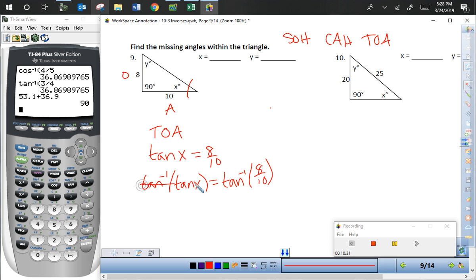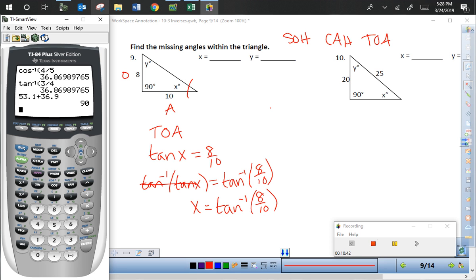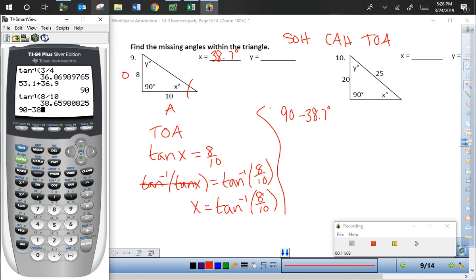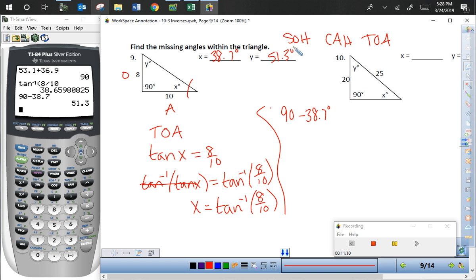On this side, they cancel, and we're left just with the inverse tangent of 8 over 10. And that's something we get to type in our calculator. Shift and then tangent, 8 divided by 10. So our first angle is 38.7 degrees. And remember, if our two angles add up to 90, we can take 90 minus that number to get our second one. So now we'll take 90 minus that 38.7. And our second angle is 51.3 degrees.